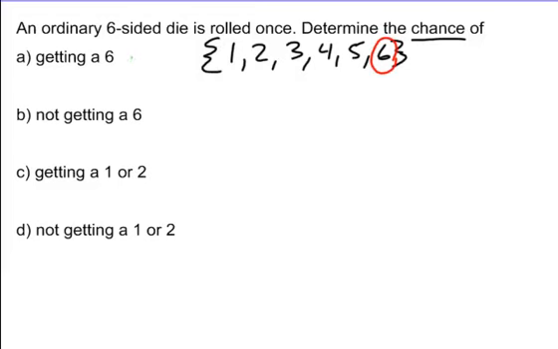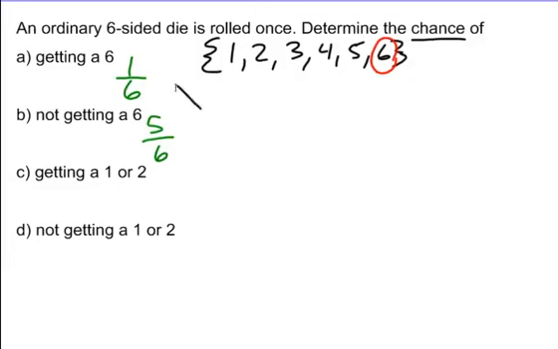So there's 1 chance out of 6 possible outcomes that could happen. So we have 1 opportunity of getting a 6 and 5 opportunities of not getting a 6.